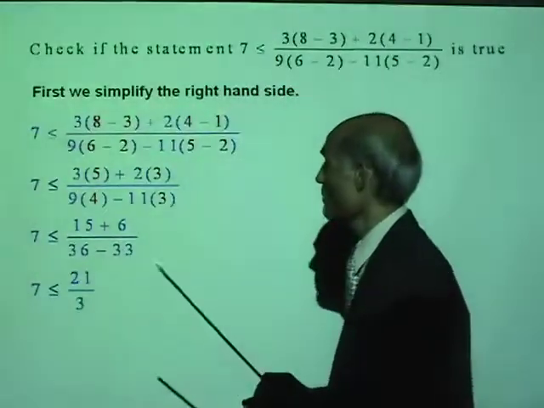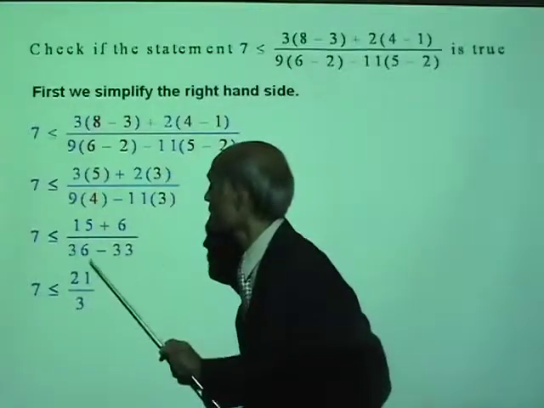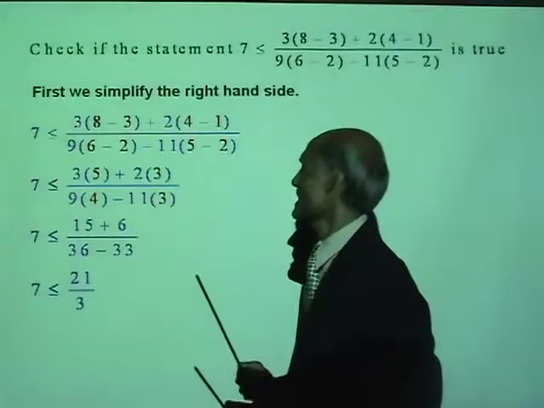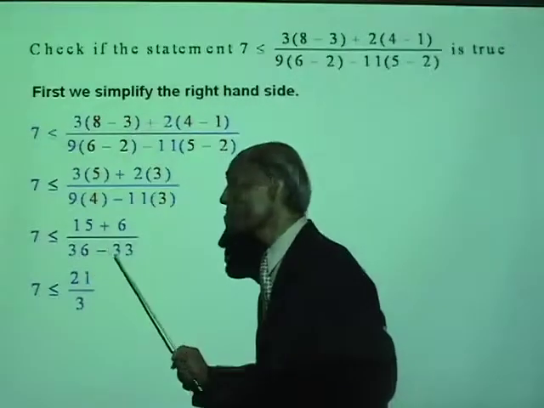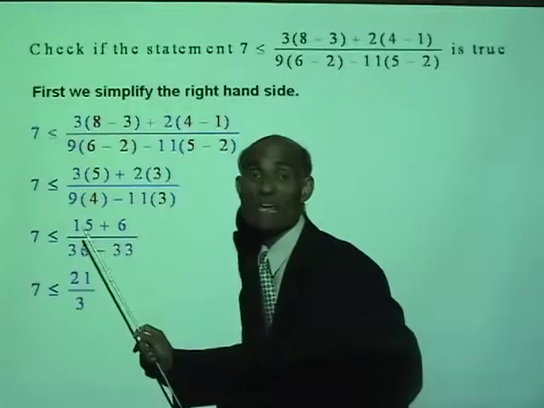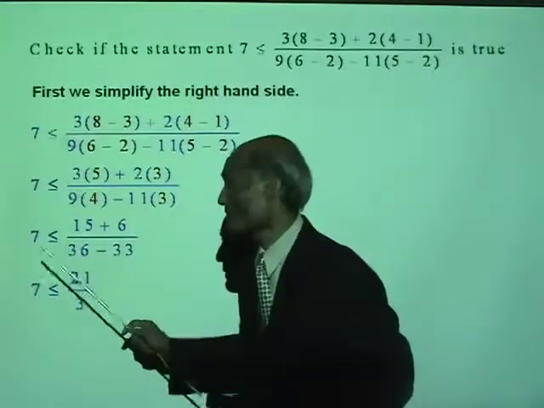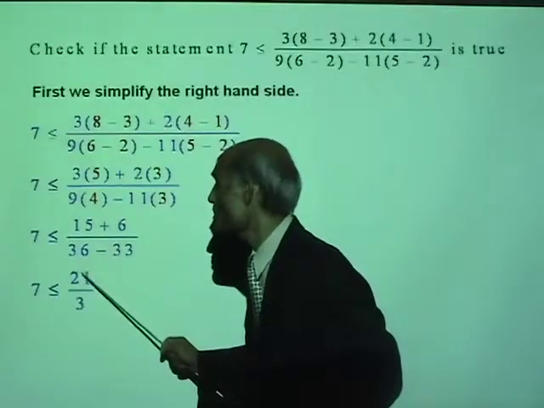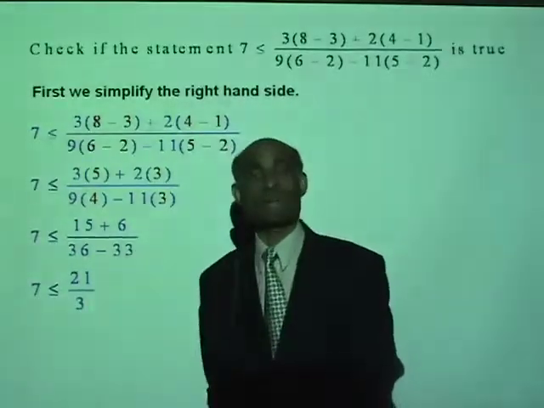Okay, now it's simple. 15 plus 6 is 21. 36 minus 33 is 3. So what have we ended up with? The statement now reads 7 less than or equal to 21 over 3.